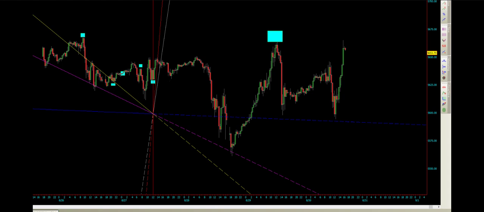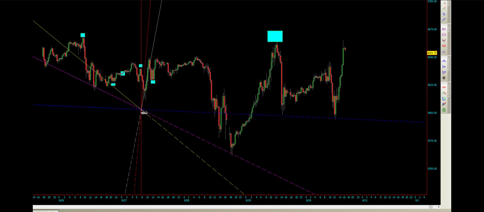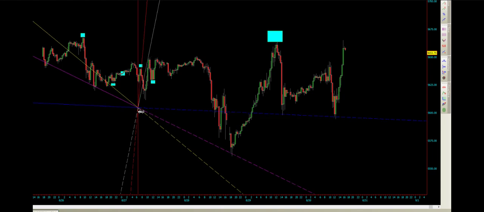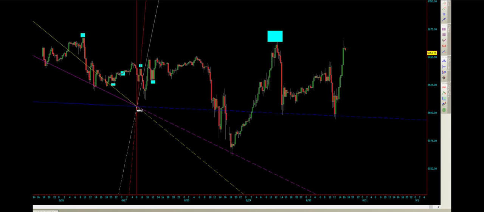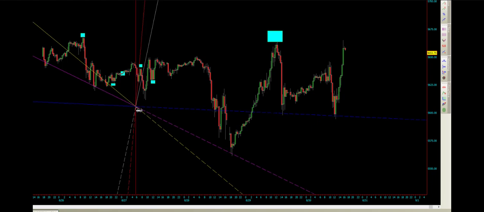Let's do these green bars. So the body here, all right, precisely fits in. Vertical is right here.